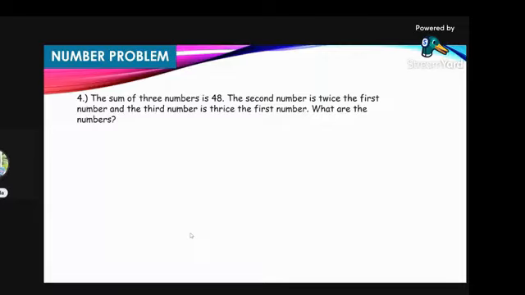Okay, Sir Fon, you have the right working equation. That is x plus 2x plus 3x is equal to 48. So what are the numbers? You have 8. What are the other two numbers? Okay, so please answer it completely. So meaning, the problem is asking for the three numbers.